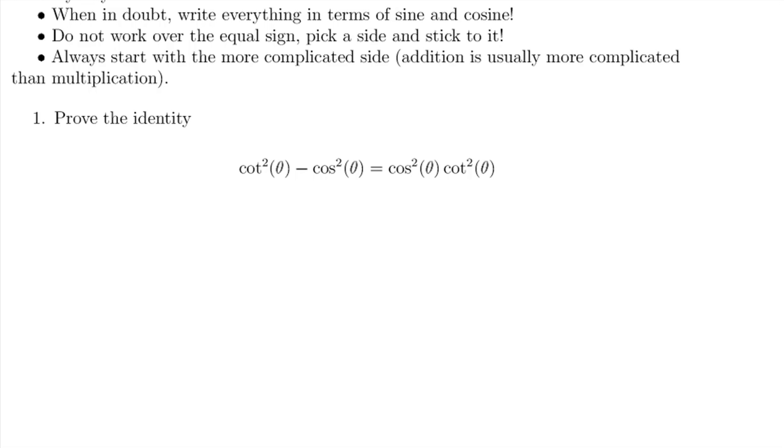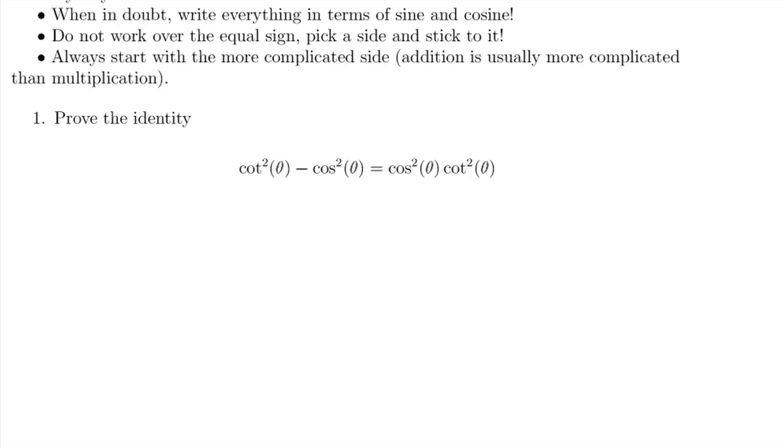Now, the reason we can't work across the equal sign, because I know that's the most tempting thing for every single high school pre-calculus student to do, is because if you were working over the equal sign, that would be working with the assumption that both statements were true, that these are in fact equal. You cannot assume that. The whole point of this problem is to prove that they are the same.